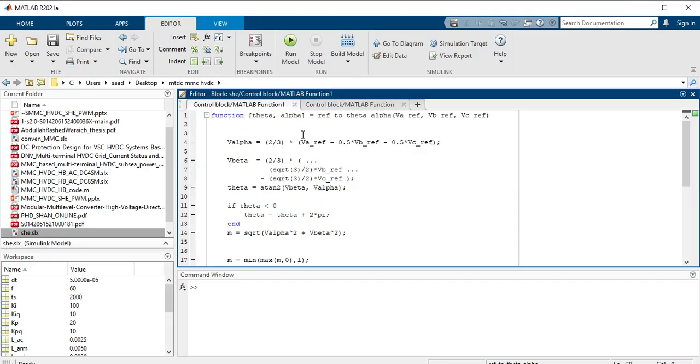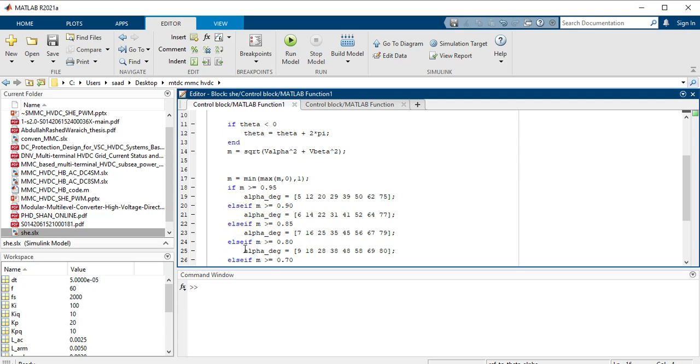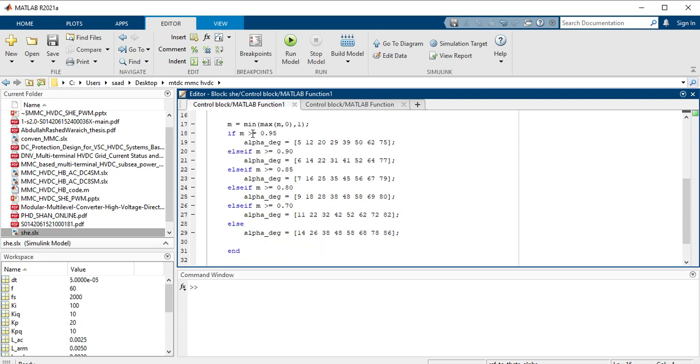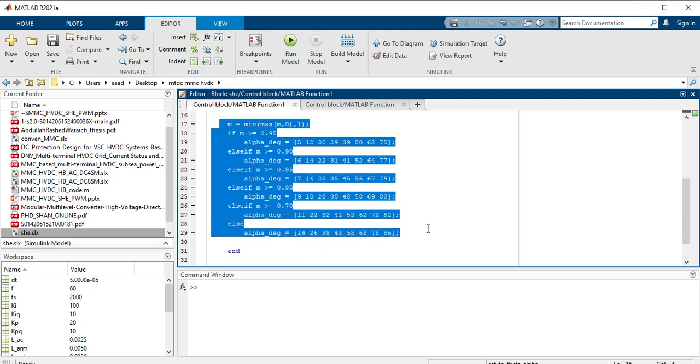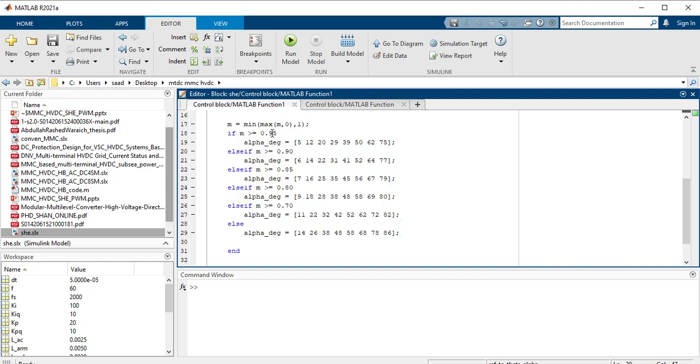So you can see that first of all we are converting our signals into alpha and beta, and we are extracting the theta as well using the alpha and beta. Then we have different limitations and angles, and you can see that we have formulated a lookup table based on this.